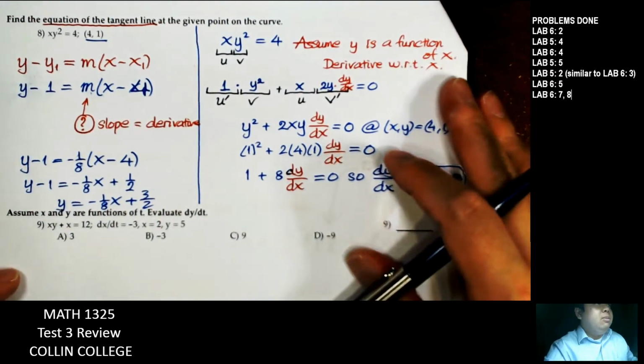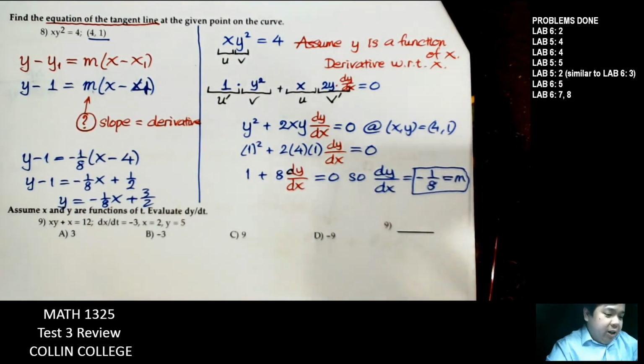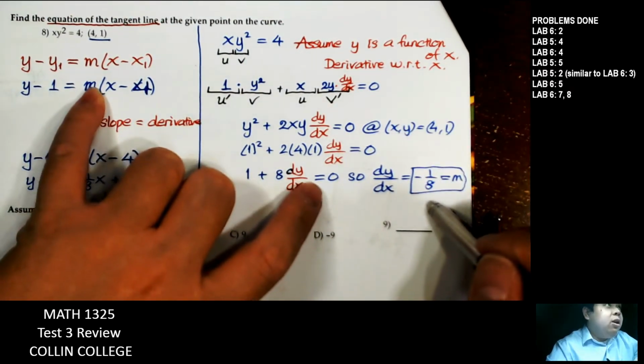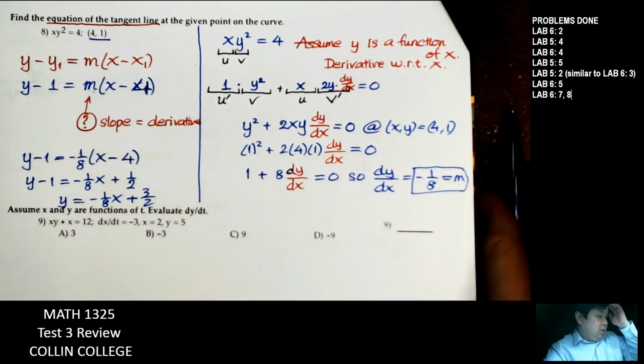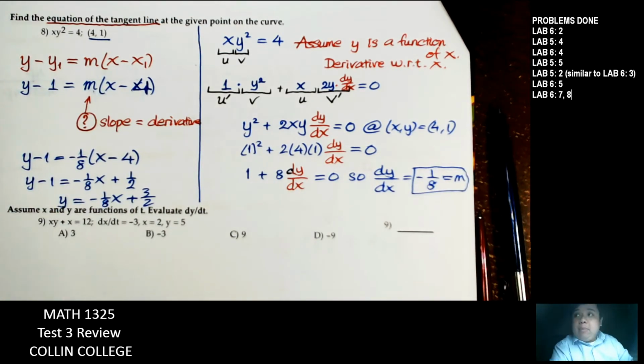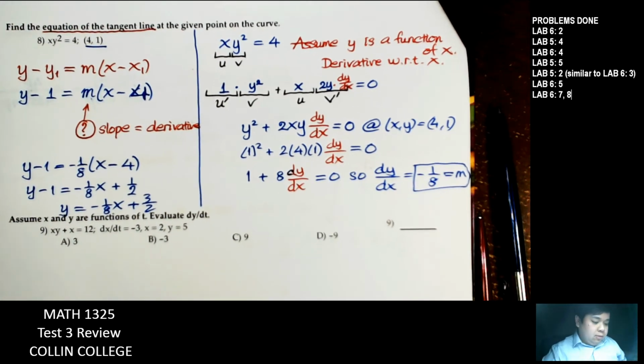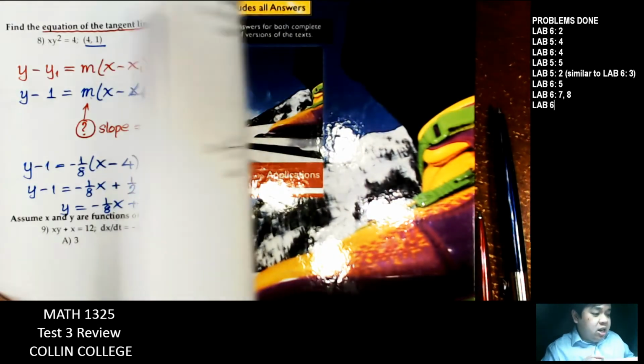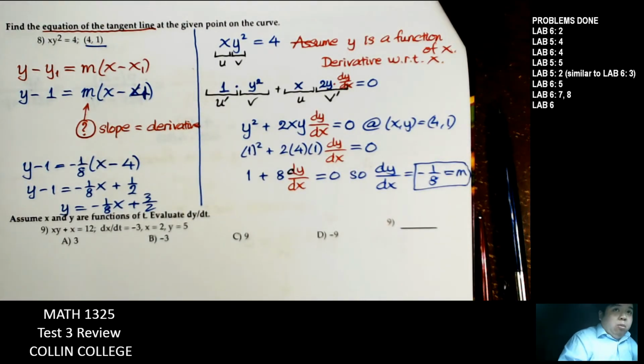Plus 1, so we will have y equal to negative 1 over 8 x plus 3/2. So the answer is right. So I'll just take the derivative to find the slope. The point will be given.